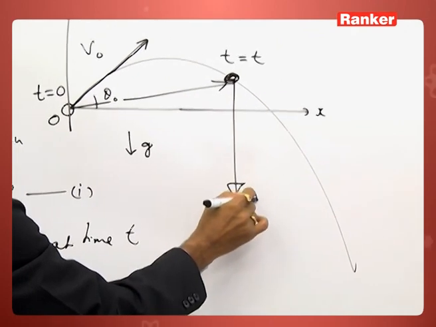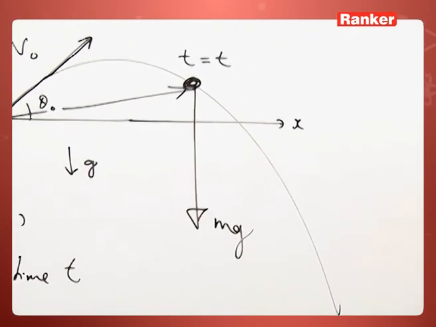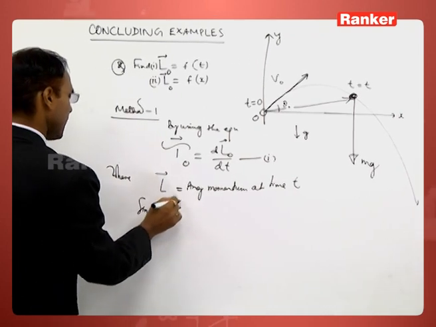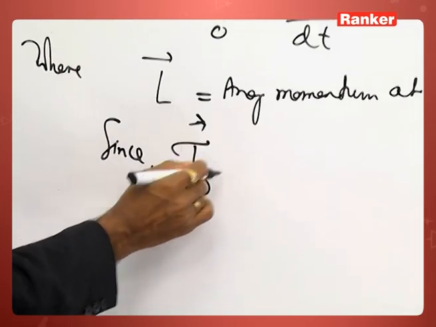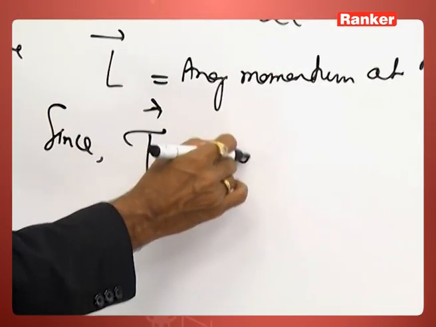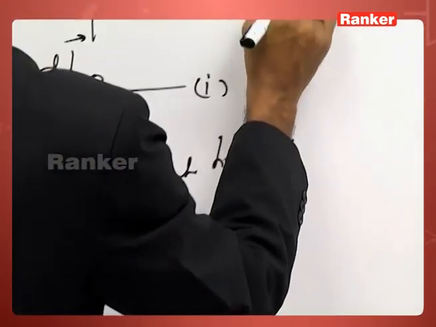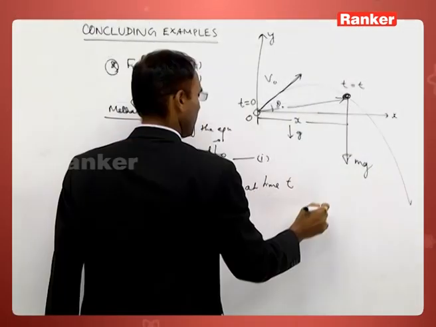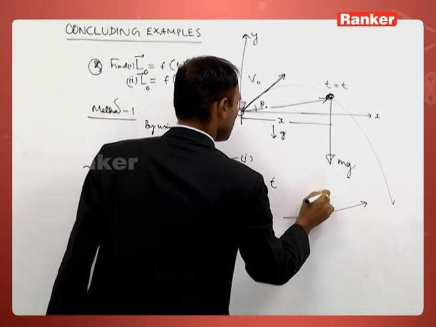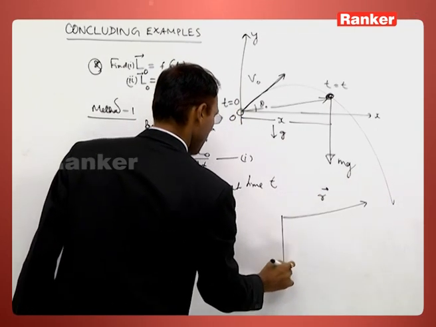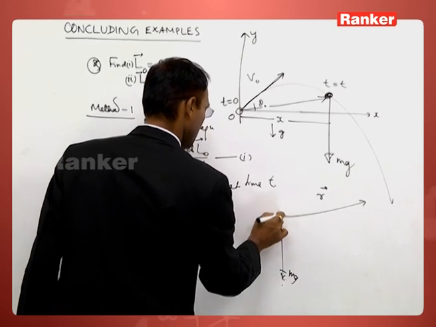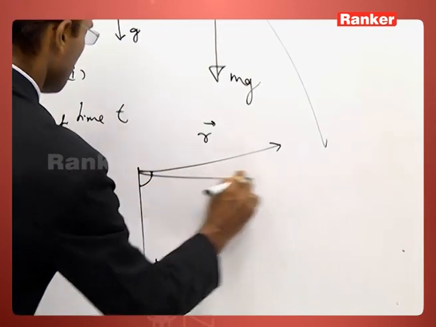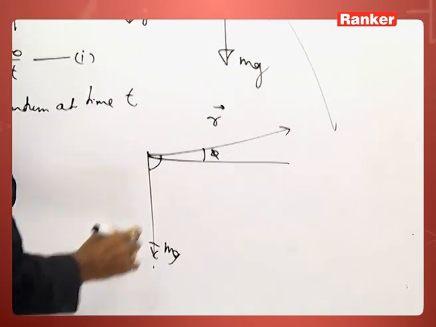The net force acting on the particle is mg. Since the torque acting on the particle about O due to gravity is equal to mg into this x distance, because this is the r vector, this is the mg vector, r cross mg. Let this angle be phi.